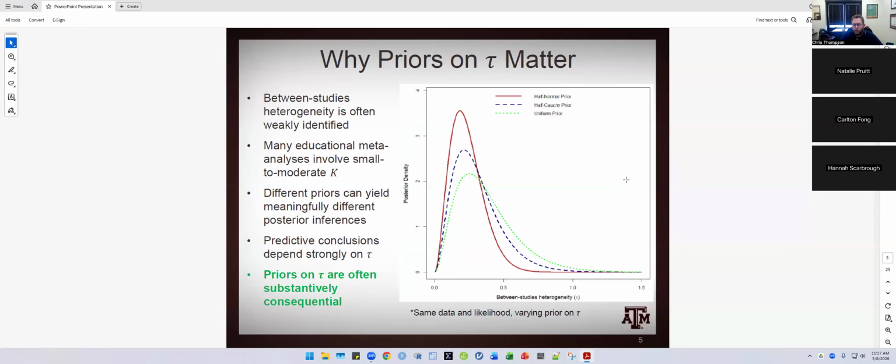So, all of this is to say that the choice of prior can certainly make a difference, not in every context, but in certain contexts. And so I believe this is even more of a reason to think twice about just going with default priors that may be in JASP or in Stata, right?